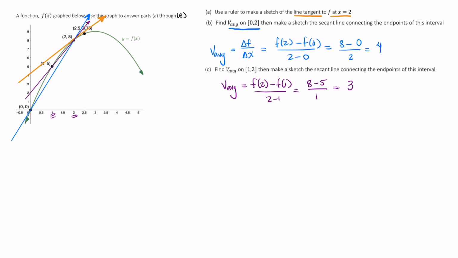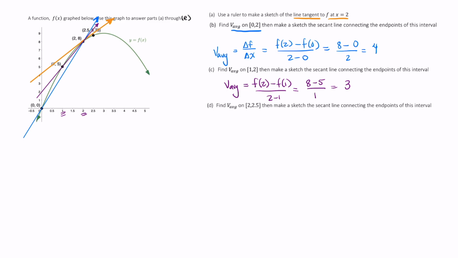So there we are. In purple is the secant line connecting the point through x equals 1 to the point through x equals 2. And the slope of this purple secant line is 3. So the average rate of change of the curve f between 1 and 2 is 3.